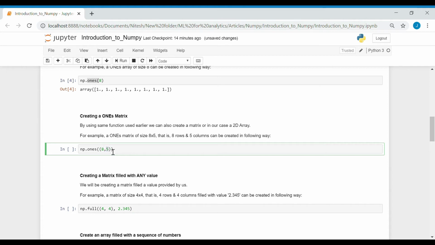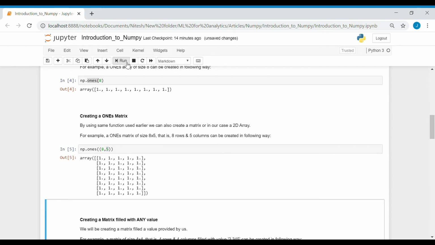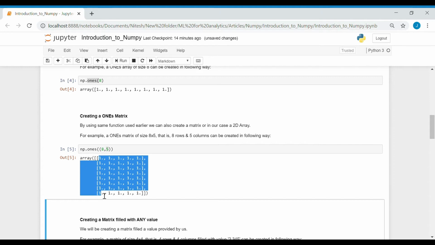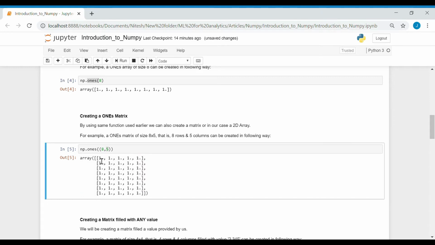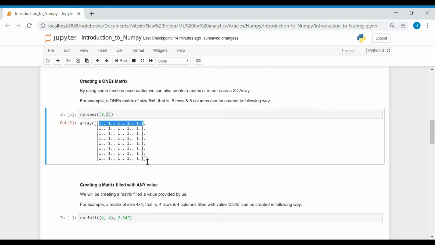In our case, the number of rows is 8 and the number of columns is 5. So let's try to run it and get our matrix. As you can see, we have got 8 rows and 5 columns. So that is the easiest trick in Python, or I would say NumPy.